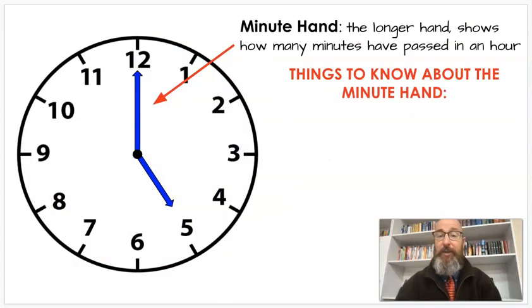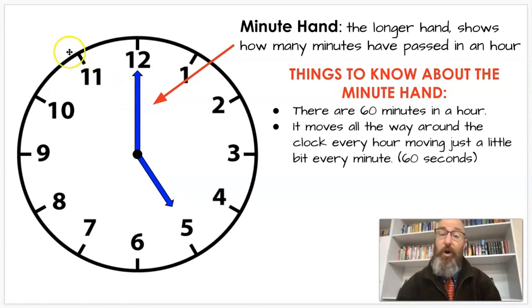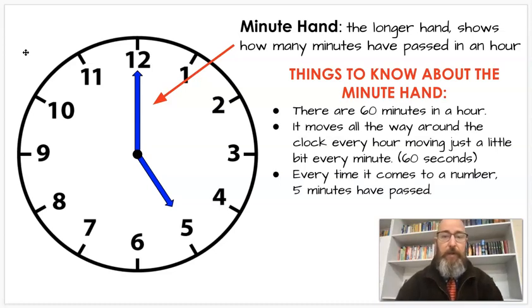Some other things we need to know about the minute hand, because in lesson 1, we really talked about the hour hand. So let's review these things about the minute hand. There's 60 minutes in an hour. It moves all the way around the clock every hour, moving just a little bit every minute. And a minute is 60 seconds.